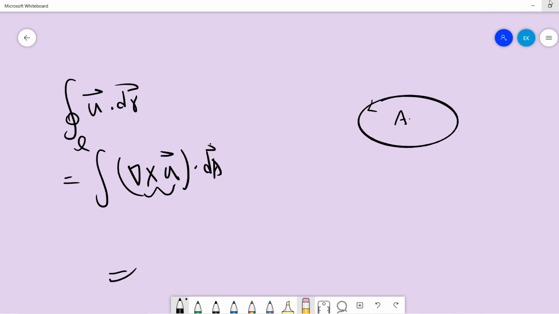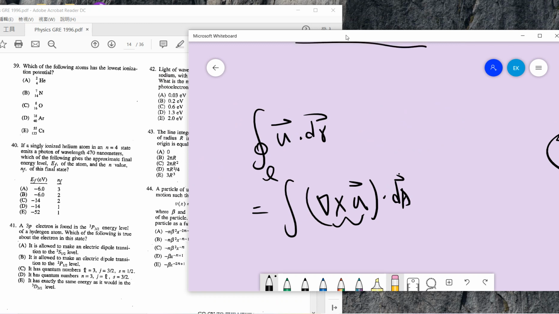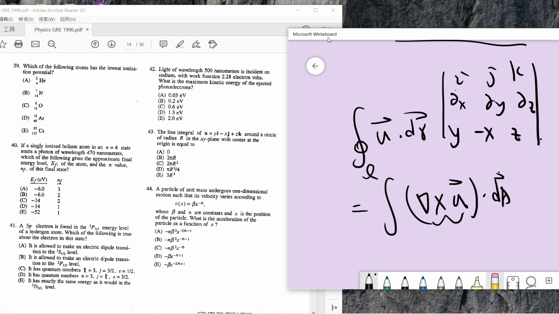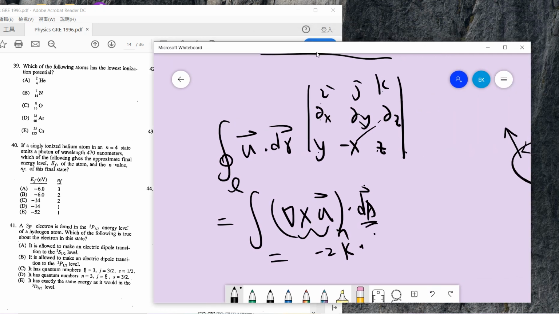We need to compute it: the determinant with partial x, partial y, partial z, and i, j, k, and the components y, minus x, z. So this is 0, 0, and we get minus 2k. And then your area is basically the plane, the xy plane, dx dy. So your answer is minus 2 times the area.